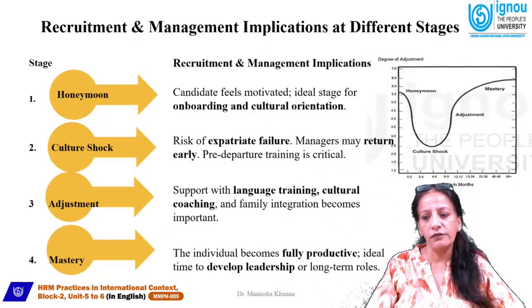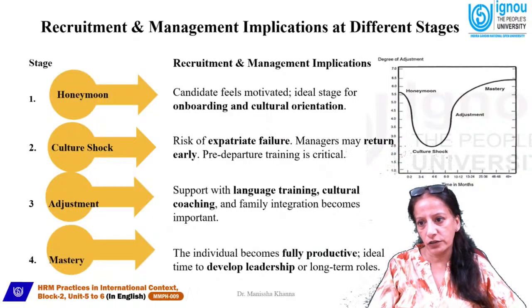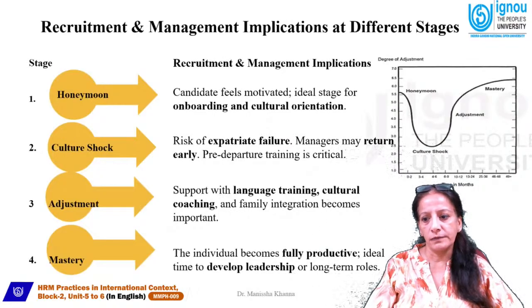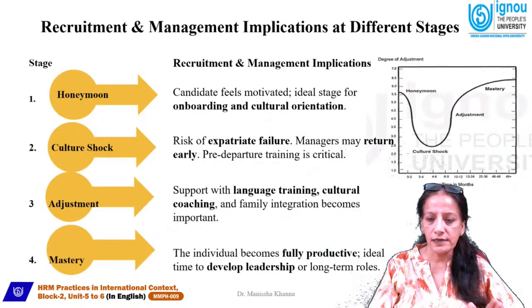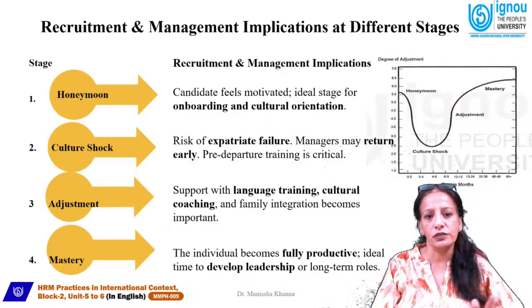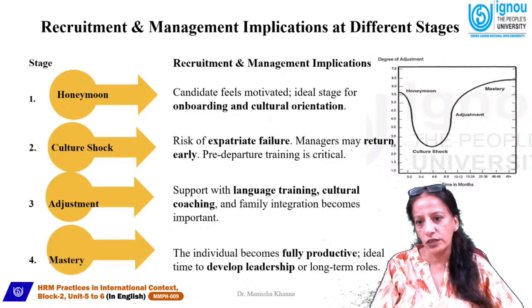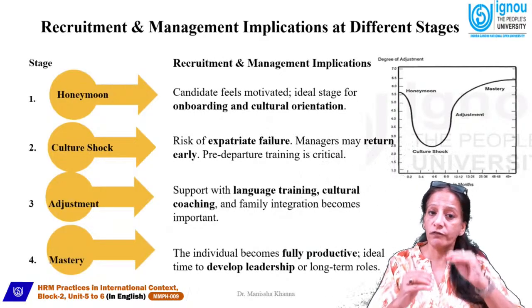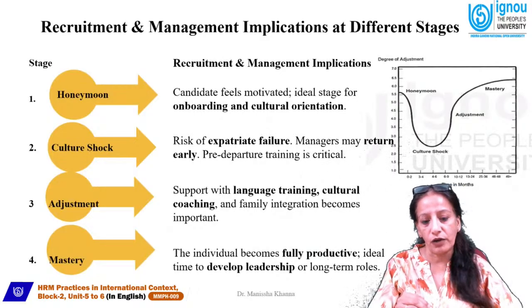If we see this graph, then in the cultural shock, it declines. It comes below, and the time is less. Time is during the initial stages, just after the honeymoon stage, but the degree of adjustment is very less. It dropped down.